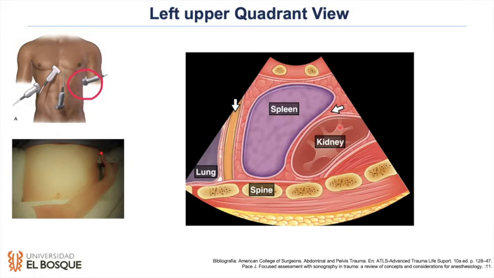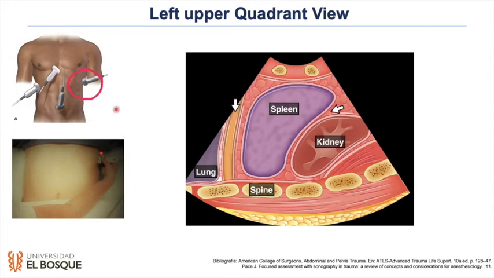Remember that it sits higher on the left side, and structures are more cephalad, so some adjustments of the technique are required. As I told you before, you have to place the probe more posteriorly. You're also going to see the costophrenic angles here.